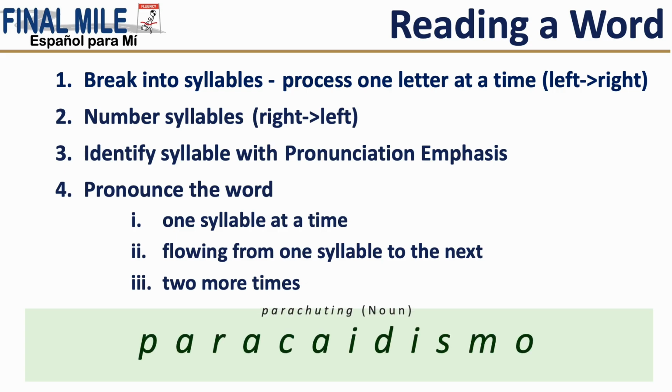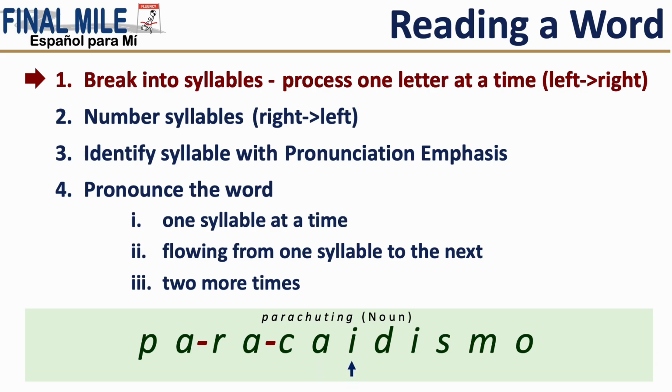Let's do another word. First step, break it into syllables. Consonant, vowel, potential syllable. One consonant, one vowel, so we put in the separation. We know how to do that. We continue until we find the next vowel. Only one consonant, we know where to separate that. Next vowel.